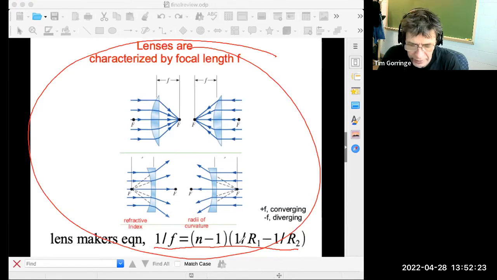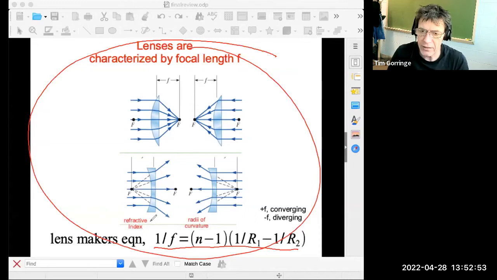It's more complicated because it involves the refractive index of the material you made the lens out of, because now it's refraction, not reflection, for lenses. And also there are radii of the front and the back surfaces of the lens. So there are 2 radii rather than just the 1 radius of the mirror. So it is a more complicated equation. But again, it tells you the focal length of a particular lens.